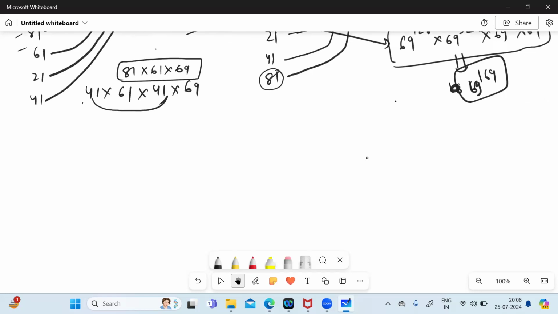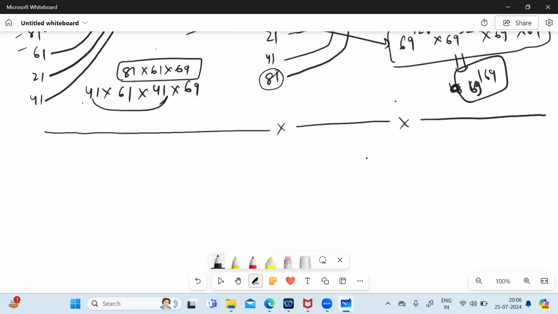Okay. So now I'll give you a task. I have 50 factorial. Okay, not 50 factorial, it will be too large for you.